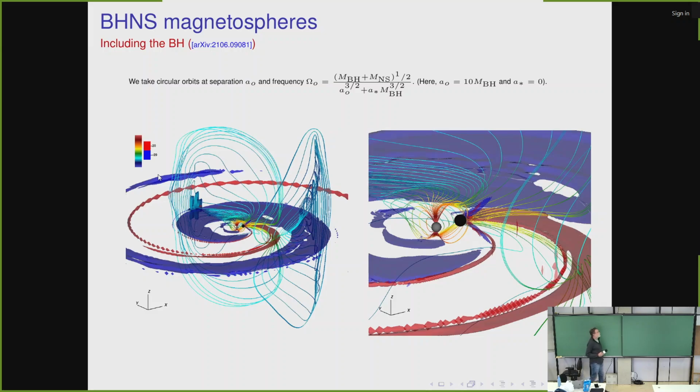Regarding the experimental side, I don't think there is. This is why these systems are quite interesting, because typically there is no possibility of exploring these kinds of intensities of the magnetic field in the laboratory. These are very highly magnetized objects, and the dynamics of this plasma can typically only be explored in these scenarios.